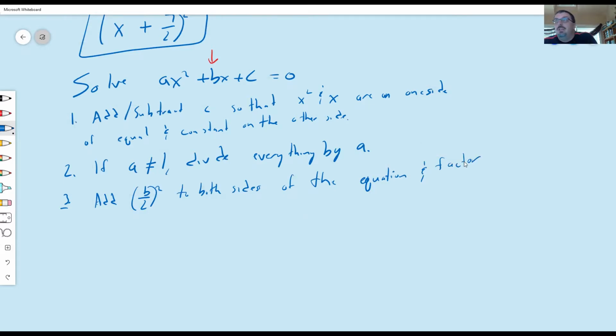And the good news, because we completed the square, it should factor into x plus r squared, or x minus r squared.